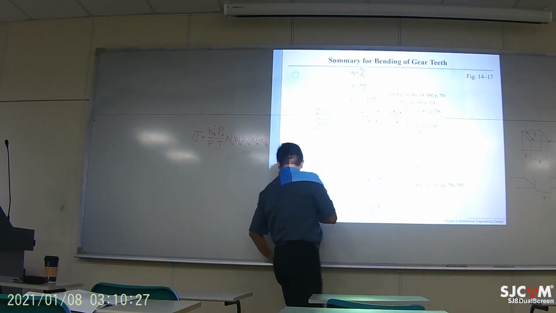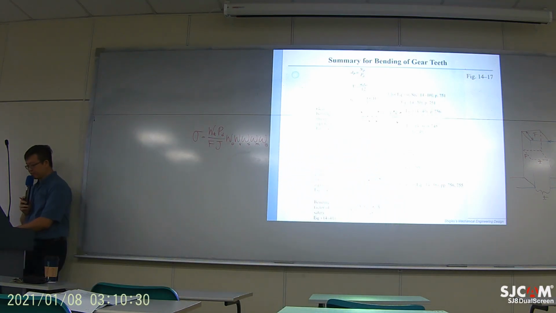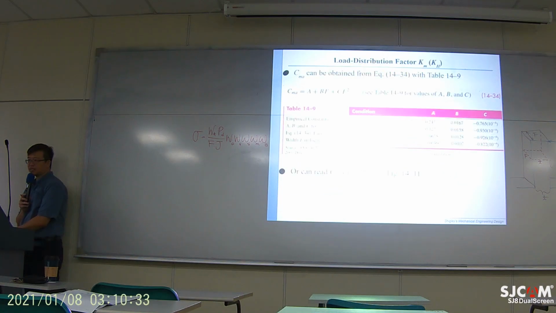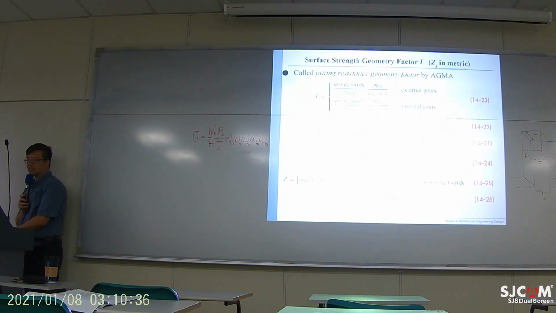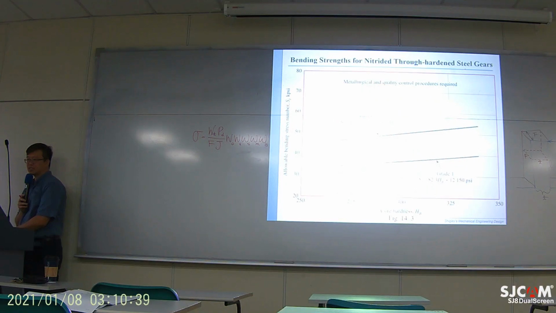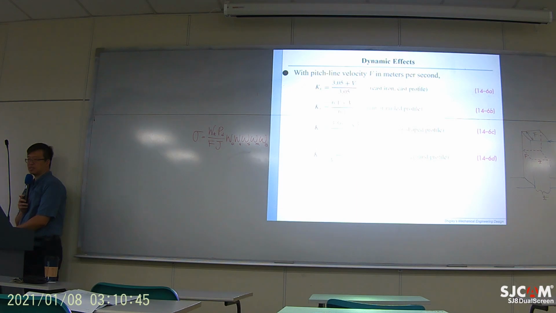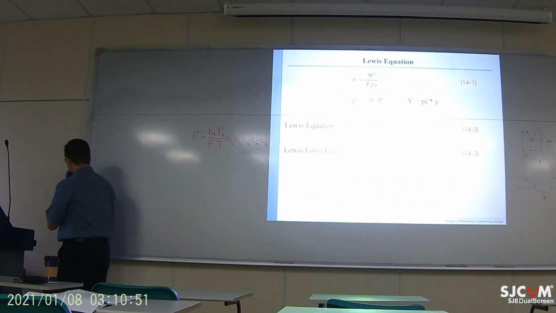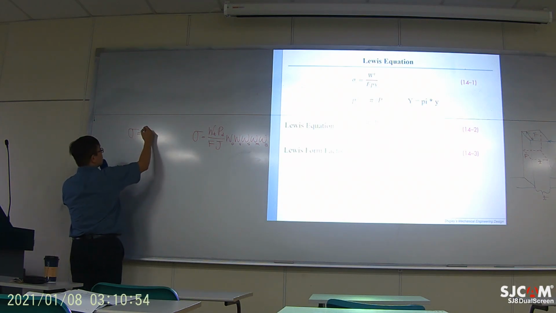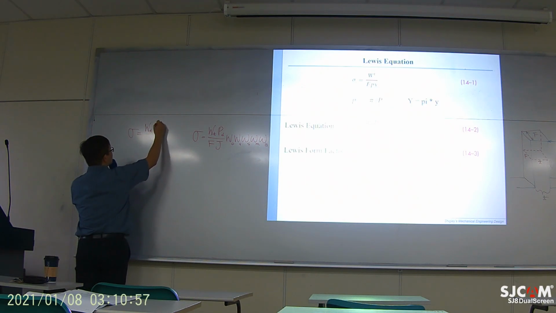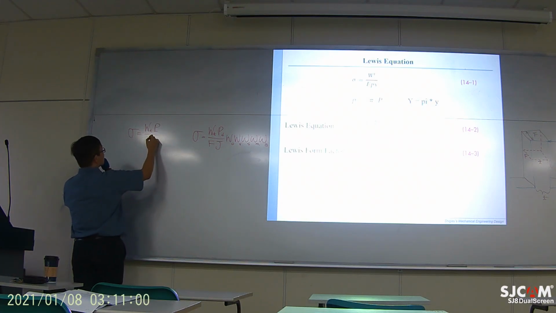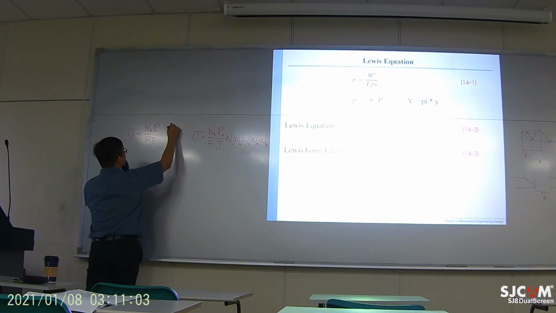And what would be the equation that we got earlier? Here. So we originally have this, or this one, small p and small y.